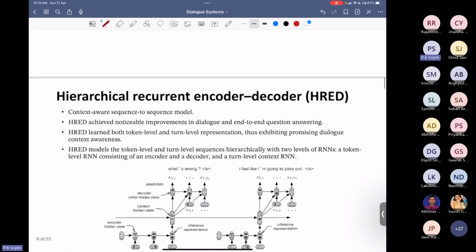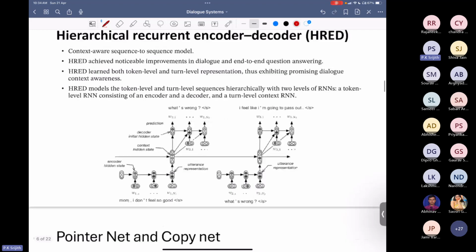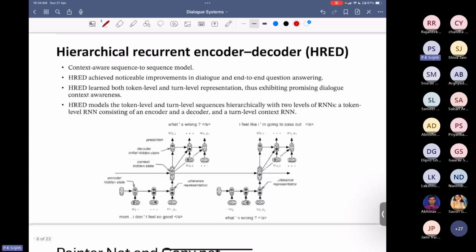One of the very early models in deep learning and dialogue systems is called the hierarchical recurrent encoder decoder. We are already aware of encoder decoder models. For example, if you wanted to do summarization, machine translation, or question answering, there will be an input sentence and you want to produce some output sentence.